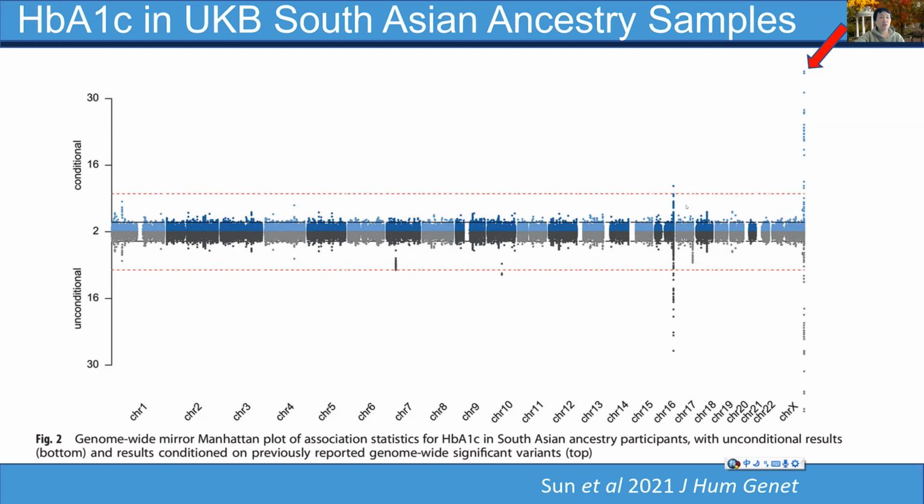And the second locus right here on chromosome 16 is mapped to the PIEZO1 gene. It's a non-coding variant that has a relatively high conservation score. The CADD score is almost 10.